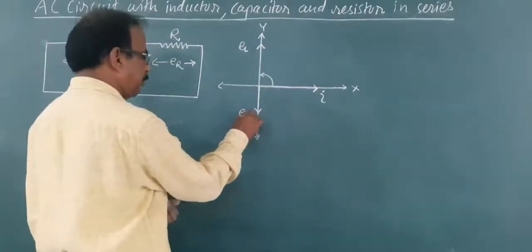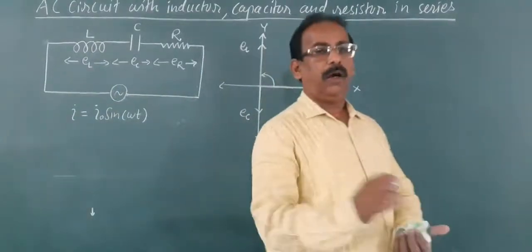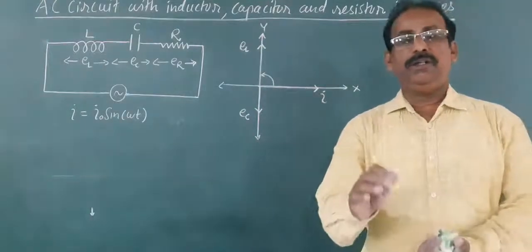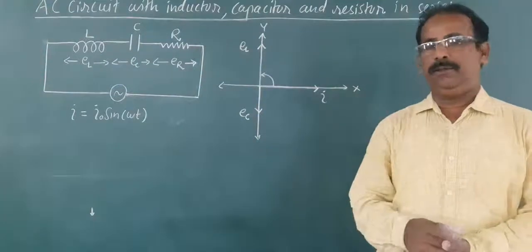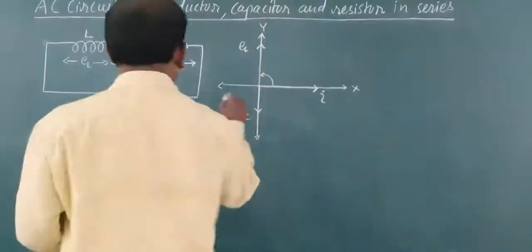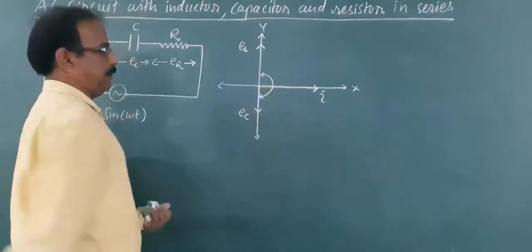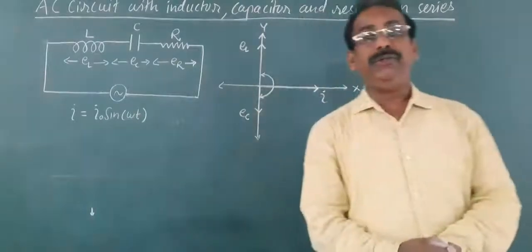This is phasor for EC, which is along negative y direction, because EMF lags behind the current by pi by 2 radian. Measure angle pi by 2 radian from this phasor of current in clockwise direction. You'll get phasor for EC.